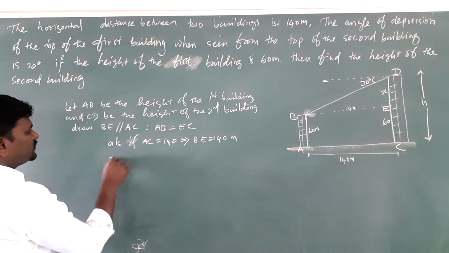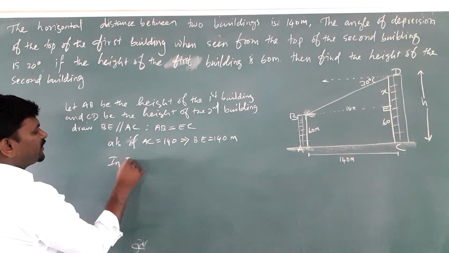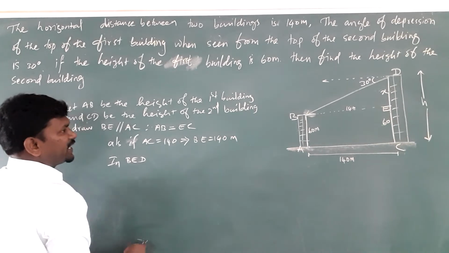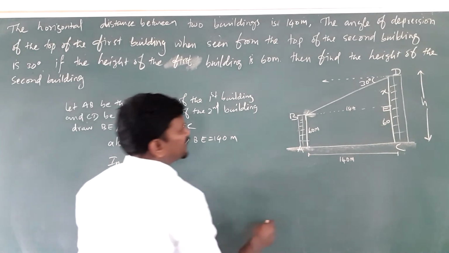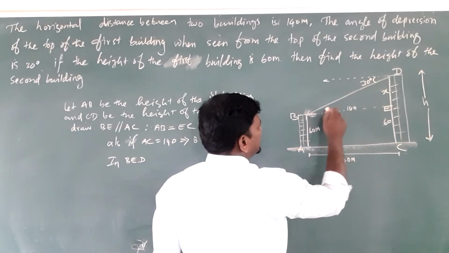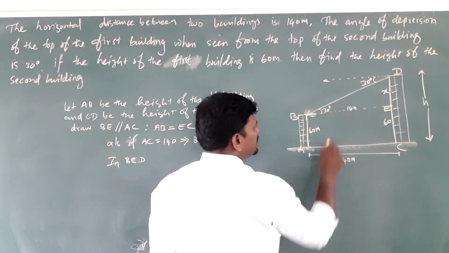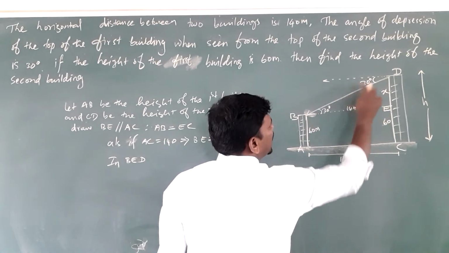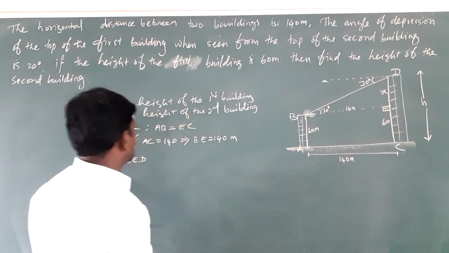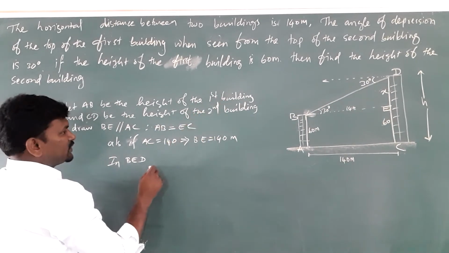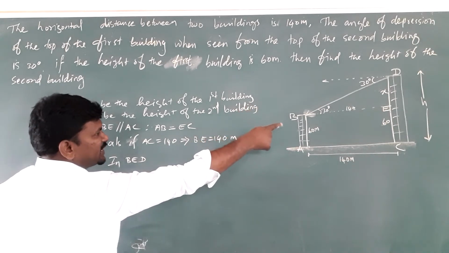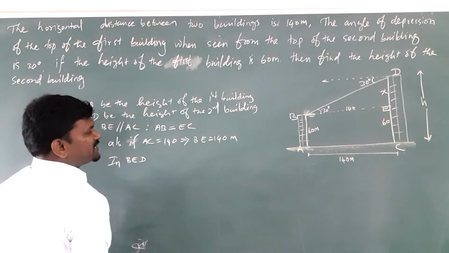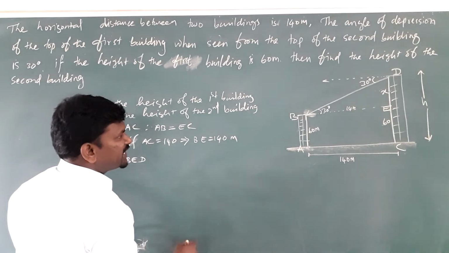So see, in triangle BED, the top triangle we have taken. Here, if it is 30, this must be 30 because it is a parallel line. These two angles are alternate angles. So, given the angle, this is the opposite side, this is the adjacent side. We are not going to use the hypotenuse. So, opposite by adjacent is tan theta. So, we are going to use the tan ratio.